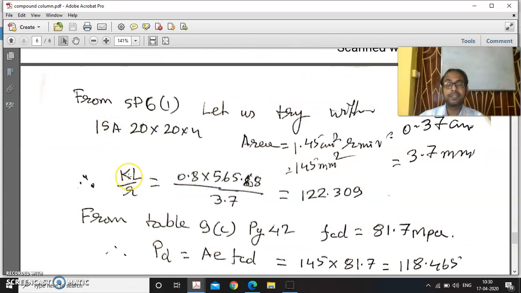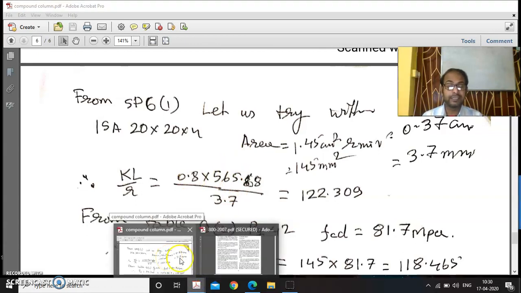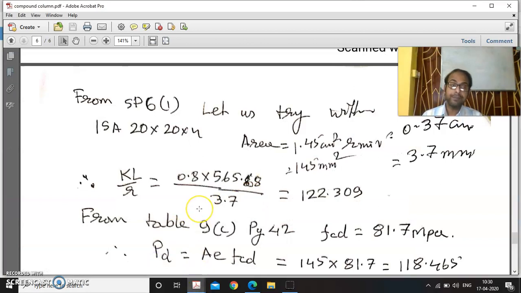So what should be the provided KL by r? It is 0.8 L. Why have we taken 0.8? Because in a lacing member, it is either bolted or welded. If it is bolted, we may take 0.8, or if it is welded, we may take even less than that. Remember the first clause, we are designing this lacing member as a compression member.